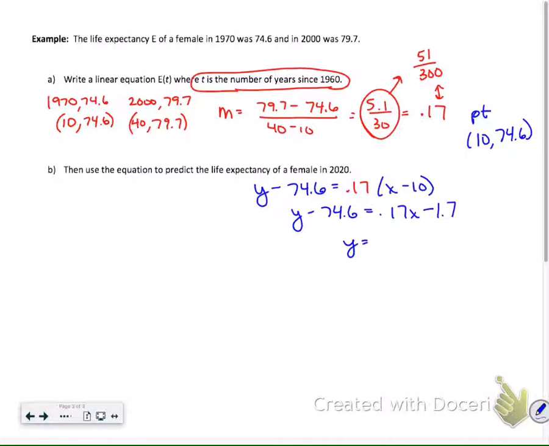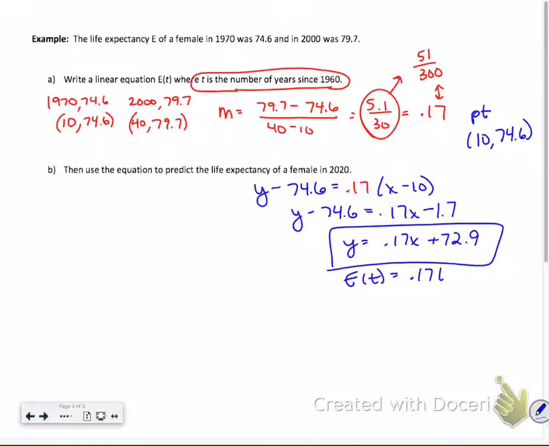And then 0.17x, add 74.6, 72.9. Oh, except we used x and y, this should be E of t is equal to 0.17t plus 72.9. They might take points off if you don't do that on the exam, so I would try to make sure that you do put it in the letters that they use there.